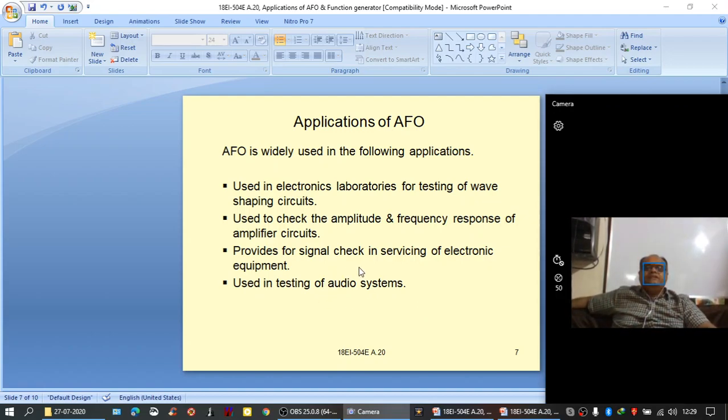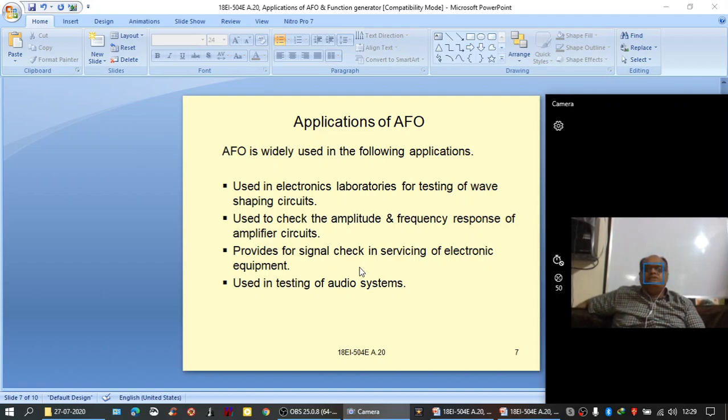It also provides a signal for checking in servicing of electronic equipment. When electronic equipment is used, there will be some purpose for every electronic equipment, whether it is an amplifier or a tuning circuit or a controller circuit. For every circuit, there will be some purpose.